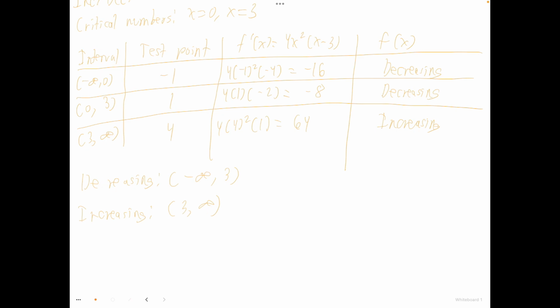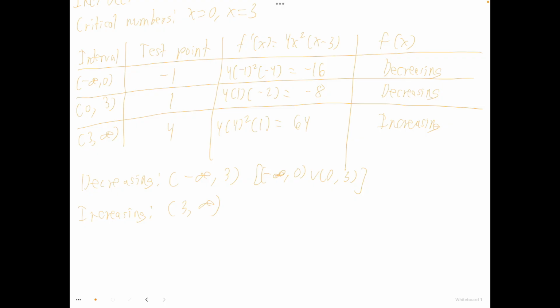So we're using a less strict definition, although the more correct way would be to write negative infinity to 0 union 0 to 3. I'm just combining them, as you will sometimes see that in mathematics, and so it's helpful to be aware it can be written either way.